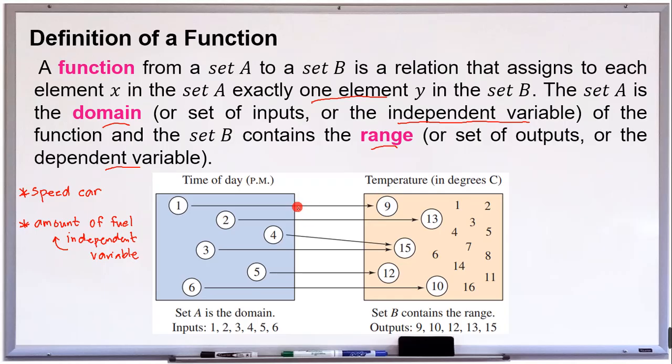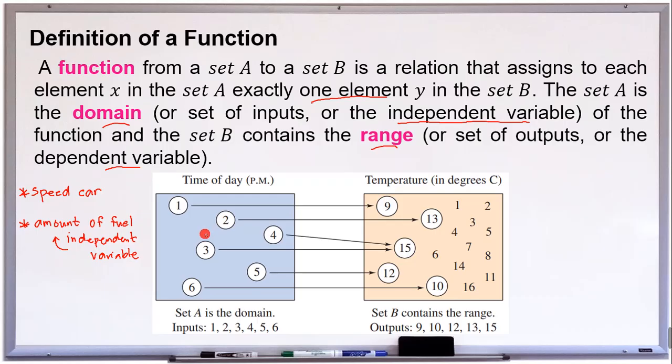In our second example, the time of the day is our independent variable, or our set A, and the temperature will be our dependent variable, because the temperature being displayed of course depends upon the time of the day.